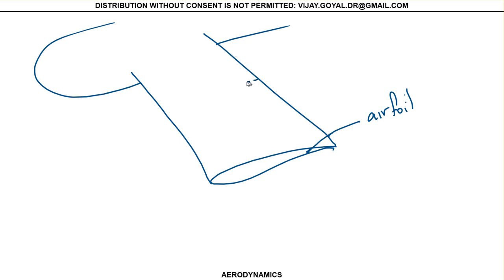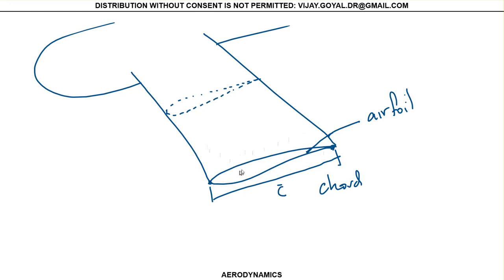I can make a section cut. I can take a small section cut anywhere. That's the airfoil. The distance from the leading edge to the trailing edge, this total distance, is typically called C. This is the chord, and we can say this is the mean chord of the entire aircraft.